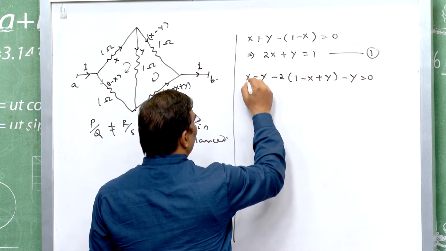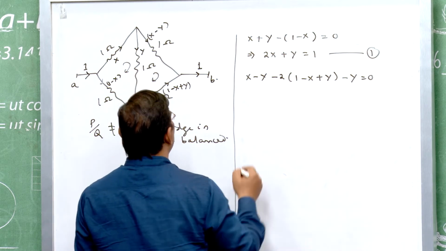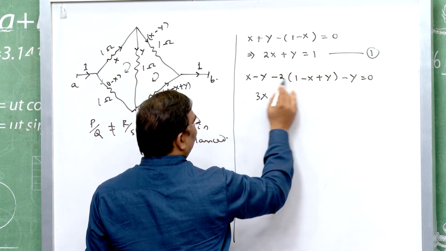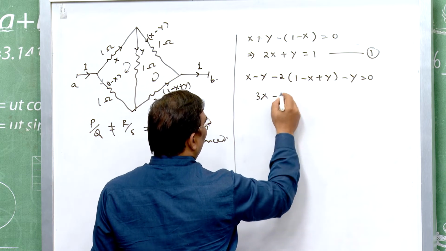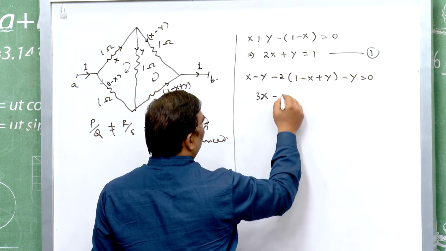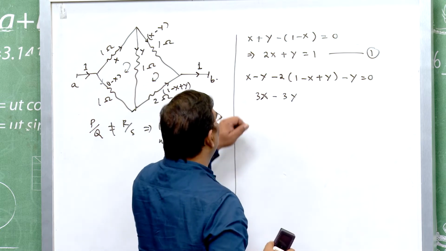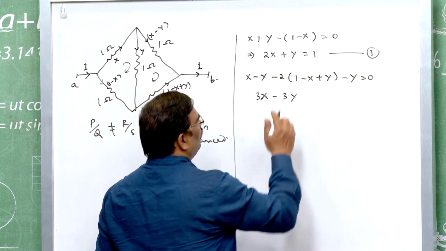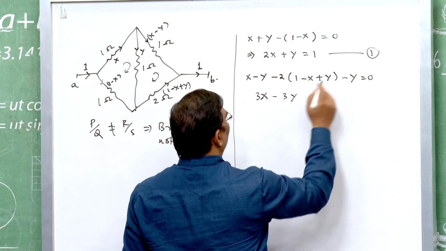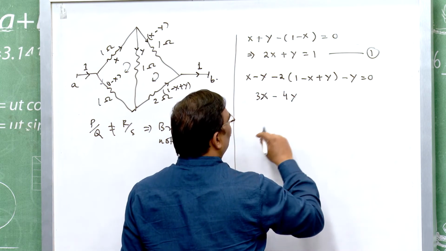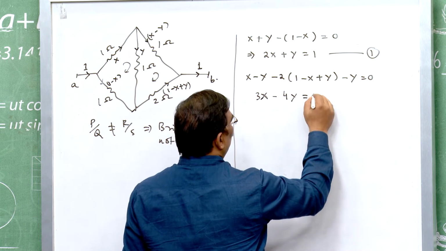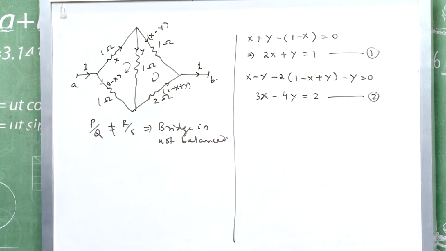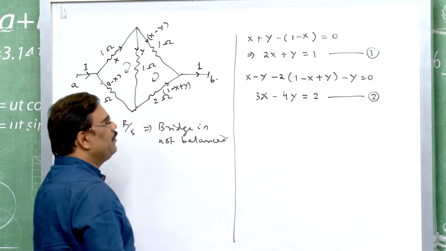So, I get x minus y minus 2 plus 2x minus 2y minus y equals 0, so 3x minus 4y equals 2. This is my equation number 2.